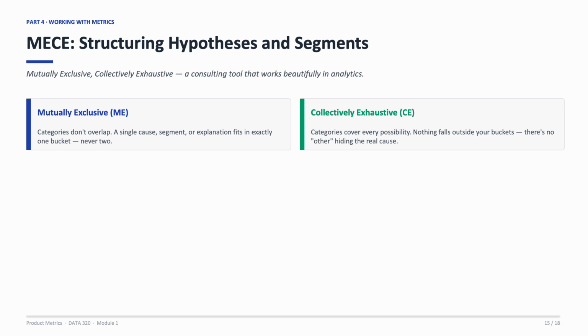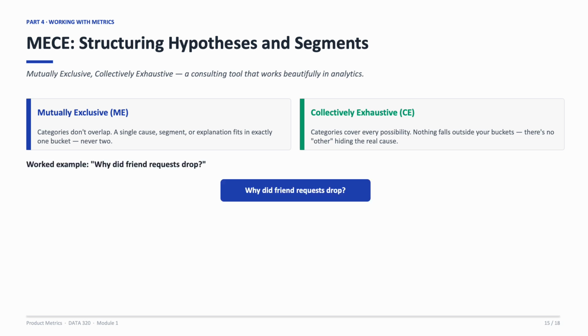First, hypothesis generation. When investigating a metric drop, you want hypotheses that don't overlap and together cover all plausible causes. Second, segmentation. When you slice users by any dimension, the segments should be MECE so percentages add up and you don't double count. The tree on the slide is a worked example, the friend request example.